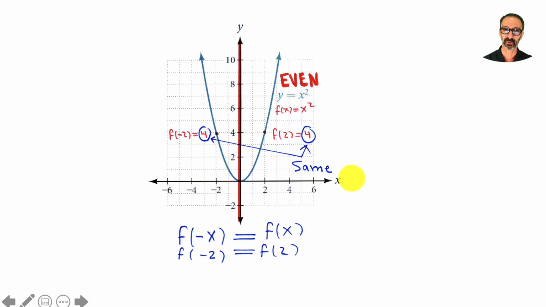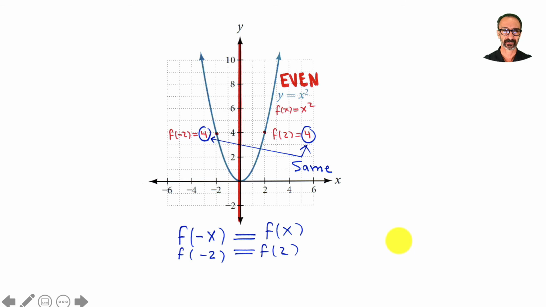A good way to remember what's even is to relate it to x to the second as an even exponent, the basic one, not any x to the second, because if there are shifts right and left, it doesn't apply. Just compare to the parent function y equals x to the second. F of negative x equals f of x. F of 2 and f of negative 2 are the same. They're both 4, as an example.